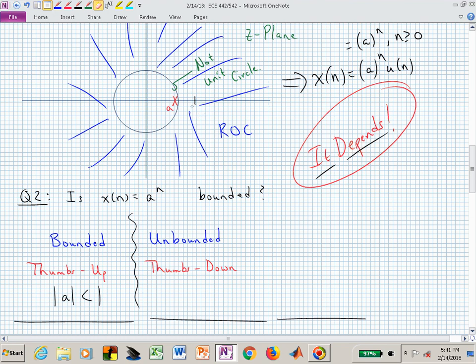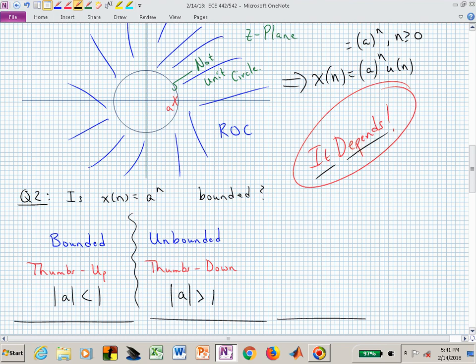I may have misled you by even drawing that gray circle, but that wasn't supposed to be the unit circle. That gray is the inner boundary of the region of convergence. And I hope then that you see that if you voted thumbs down, or said this signal x of n is going unbounded as n increases, then the magnitude of A would need to be bigger than 1.